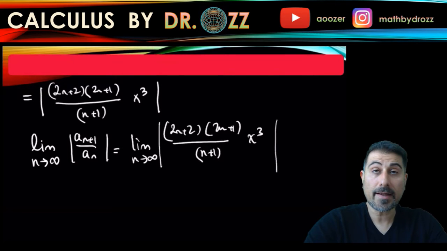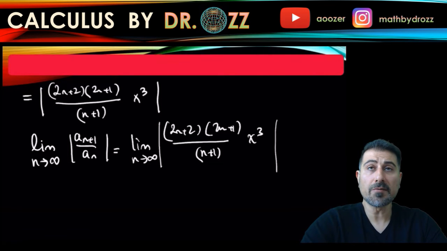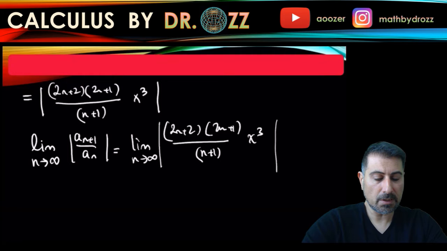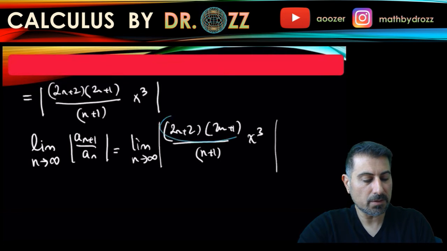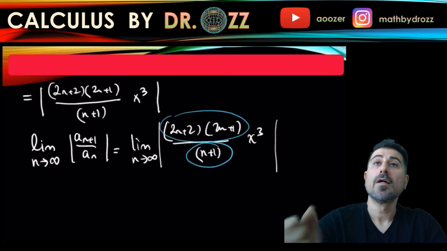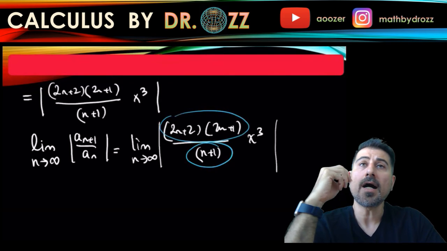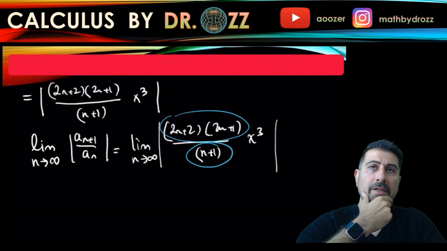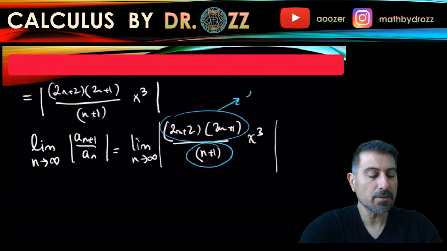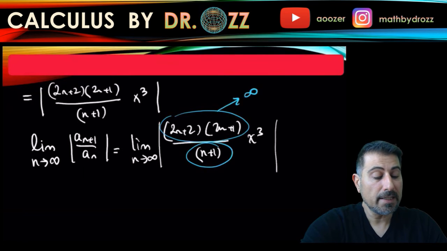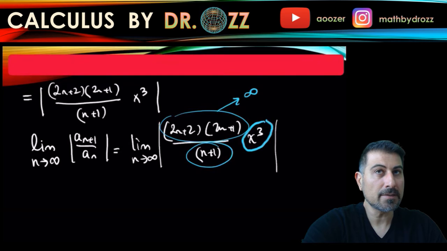Well, first of all, x is a parameter that I am supposed to determine. So this limit is governed by n-related terms because the limit is on n. So the n-related terms are this one and this one. The top is quadratic, the bottom is linear. So that ratio all together is going to go to infinity, unless x is 0.